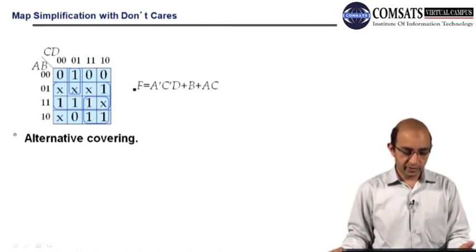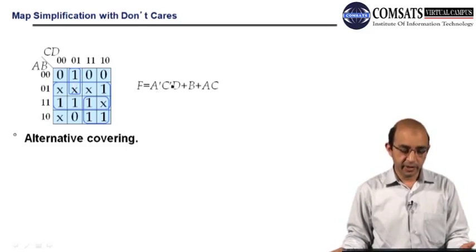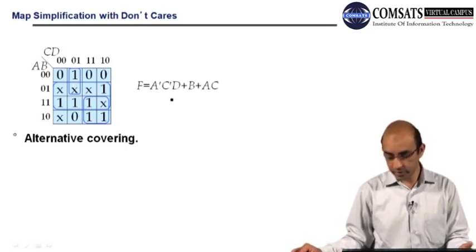You can see that we have B if we consider this quad, and we have AC if we consider this square. And by having this pair, we have A bar, C bar, D. So this is one representation.